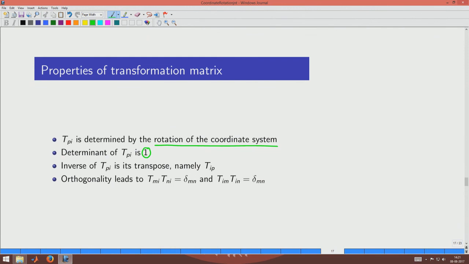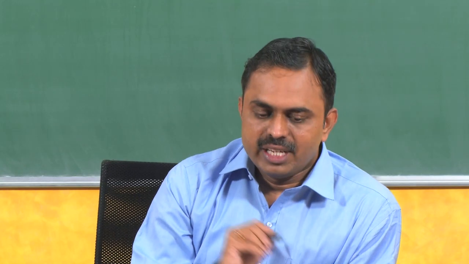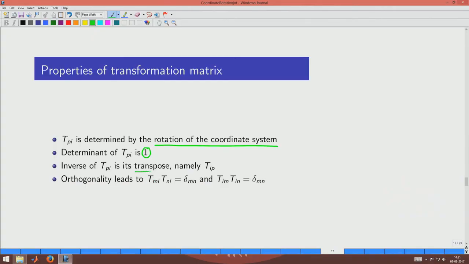We do not want to consider situations where the triple product of the new unit vectors is different from 1. The unit cell is not expanding or contracting, the unit cell is of the same volume, we are only rotating the coordinate axes. So, because of that the determinant of T will be 1, and the inverse is the same as its transpose.